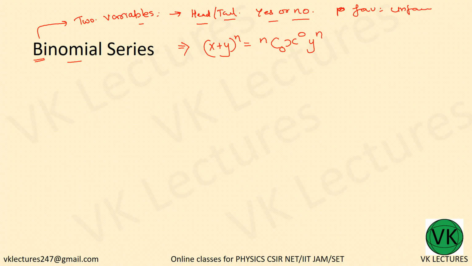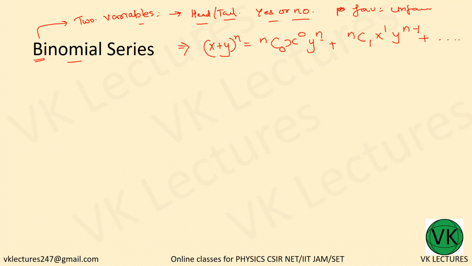Okay, so x plus y whole to the power n, you can write it in the form of combinations: nc naught x to the power naught y to the power n, plus the next term would be nc1 x to the power 1 y to the power n minus 1, and it goes on.